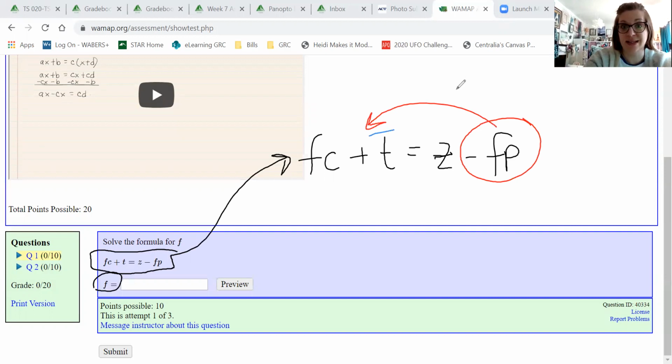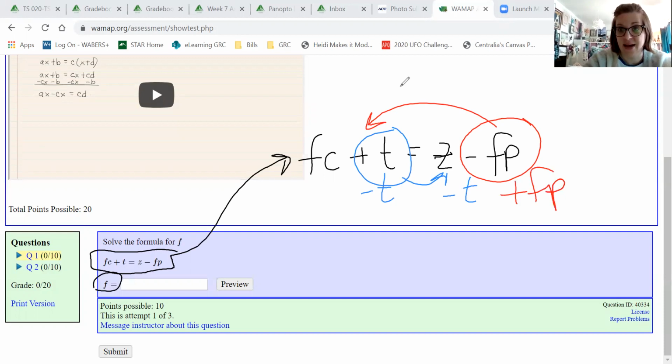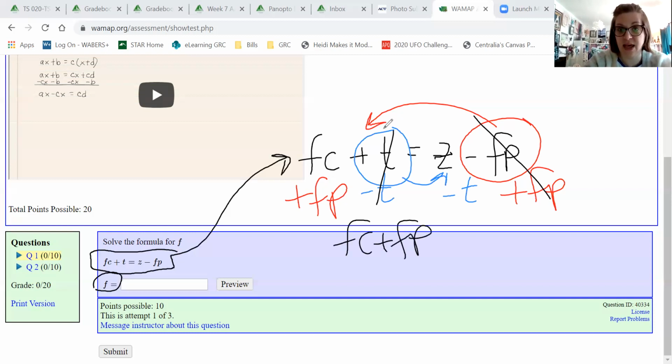This guy does not have an F, so I'm going to move him over there. So minus T from both sides, and then I'm going to add FP to both sides. Okay, so then let me rewrite what I've got. That guy's gone. That guy's gone. So what I have left is FC plus FP, which equals Z minus T.